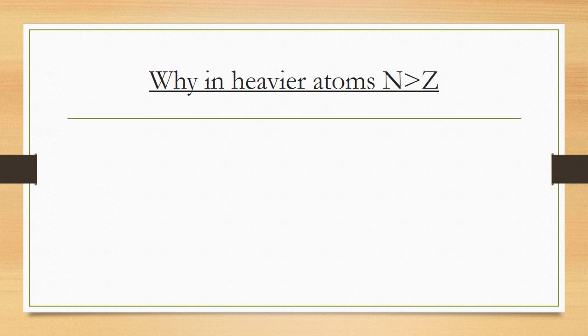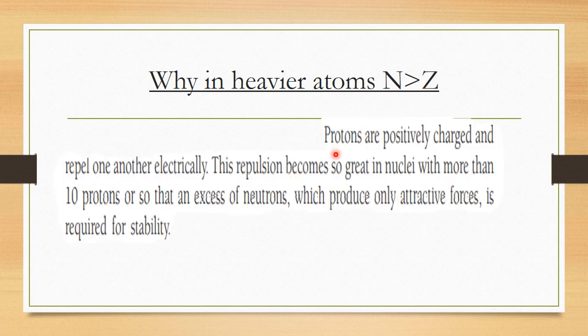Next, why do heavier atoms have a number of neutrons greater than the number of protons? What may be the reason for this difference? We know that protons are positively charged and they repel one another electrically. This repulsion becomes so great in nuclei with more than 10 protons that an excess of neutrons, which produce only attractive forces, is required for stability.